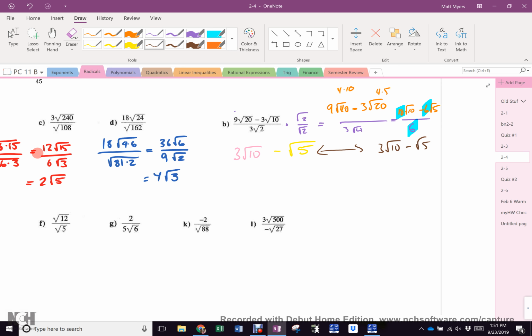Okay, so I'm going to turn off the screen. I'm going to do F, G, K, and L, show all the work, and it'll record while I'm doing it. Now, of course, I am going to show all the work. I'm not going to do anything in my head.